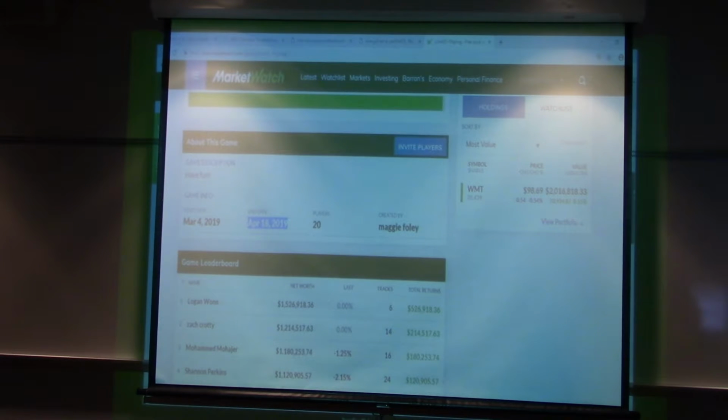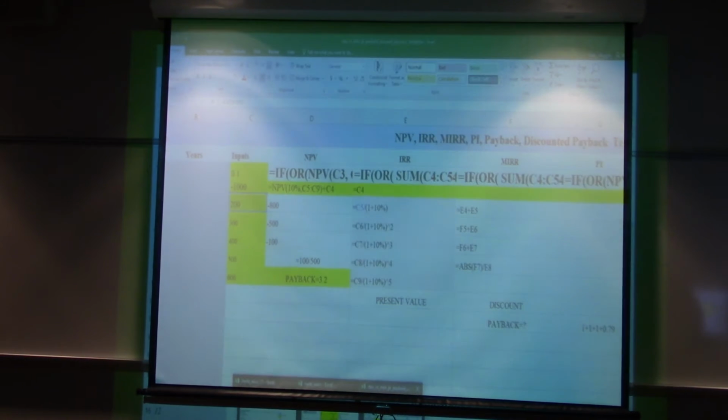So Logan, he's not so far ahead of us, and Zach and Mo too, not so far. It's very easy to catch up. Yeah, I'm 11. But still not much of a difference. And you guys will have a party, right? When you finish the exam, you send it to me, and it's party time.